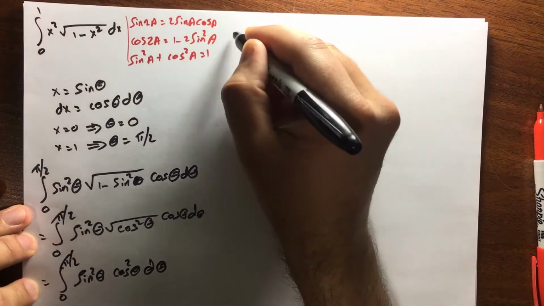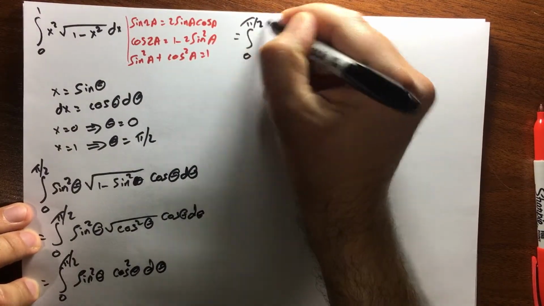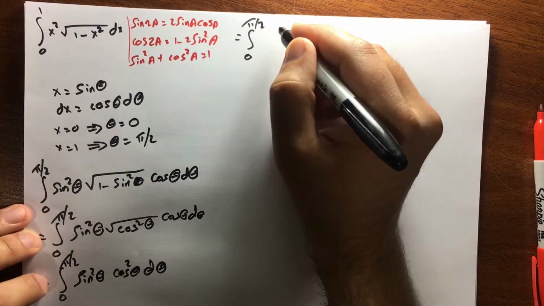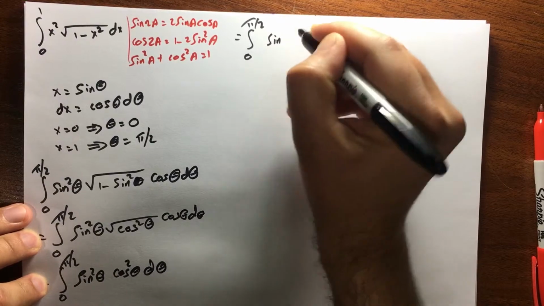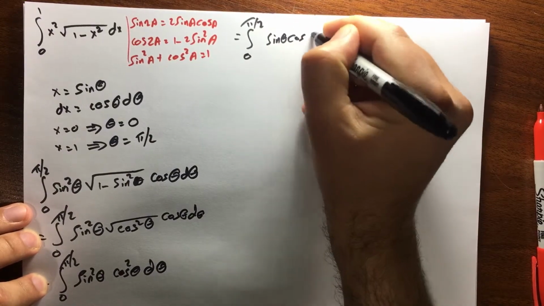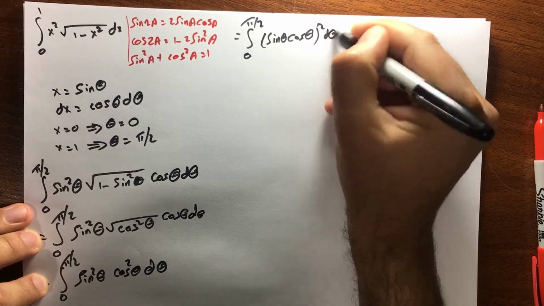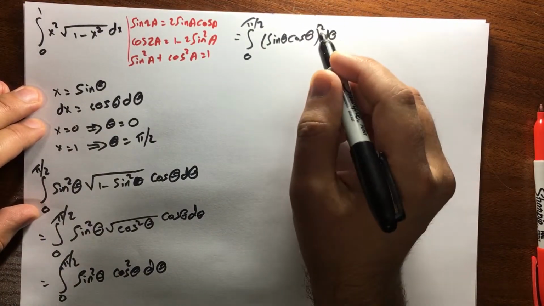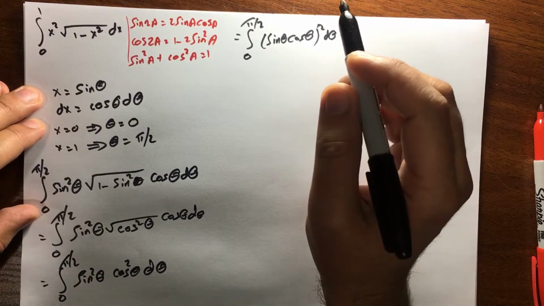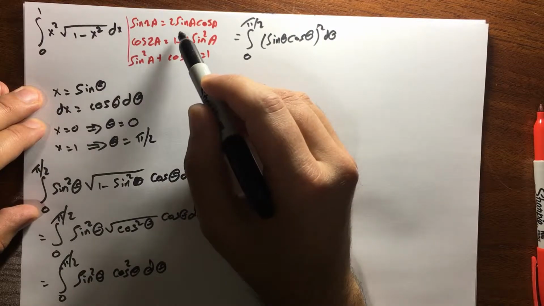Now this equals, from 0 to pi over 2, sine squared theta cosine squared theta, which we can write as sine theta cosine theta, all squared, d theta. Now we also use the trigonometric identity sine 2a equals 2 sine a cosine a.